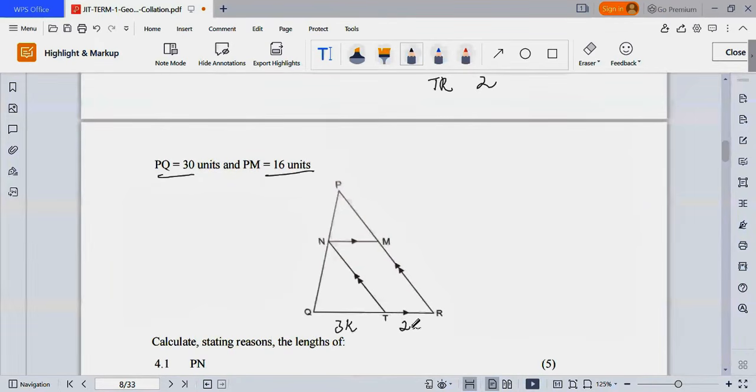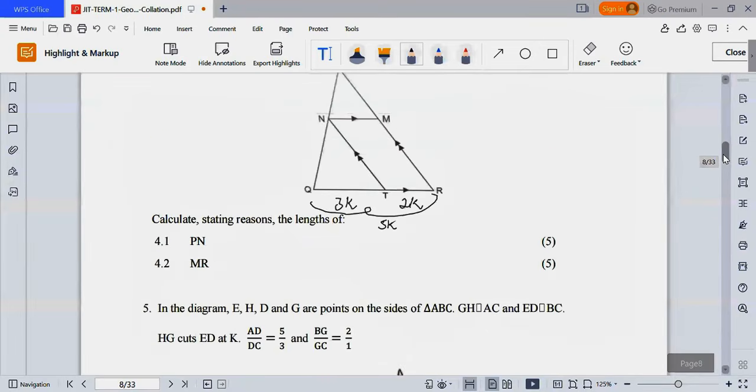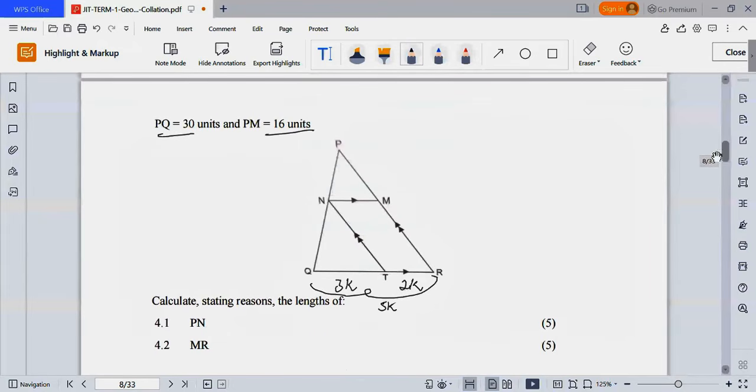And then we know the whole length of this, we can say it's 5K. Now we are required to calculate the length of PN. Then we are given PQ to be 30, and PM here we are given to be 16 units.